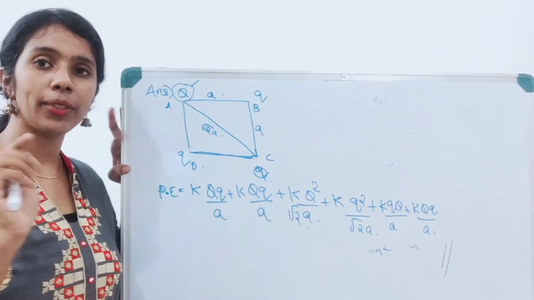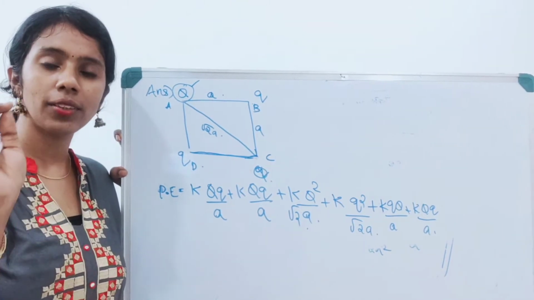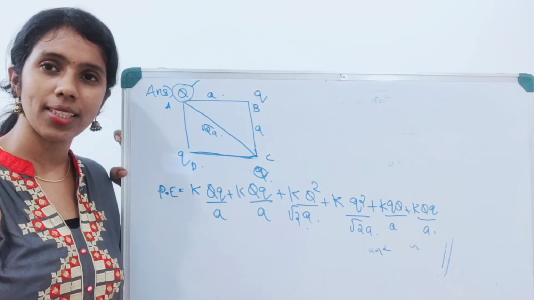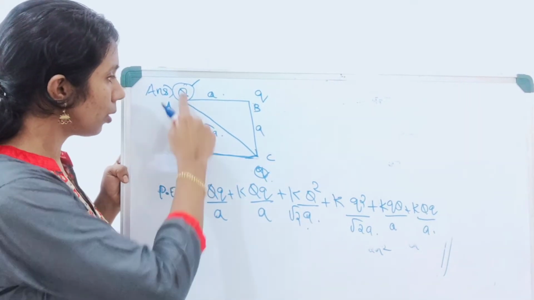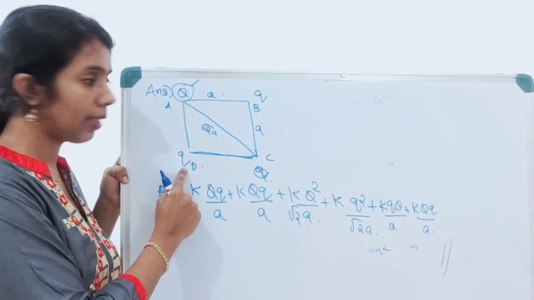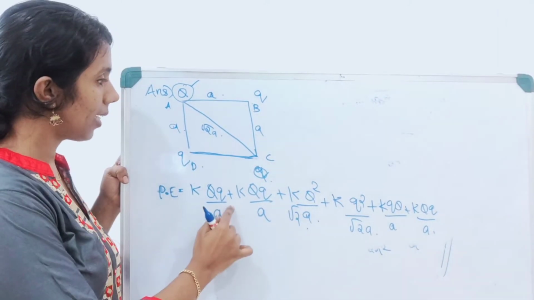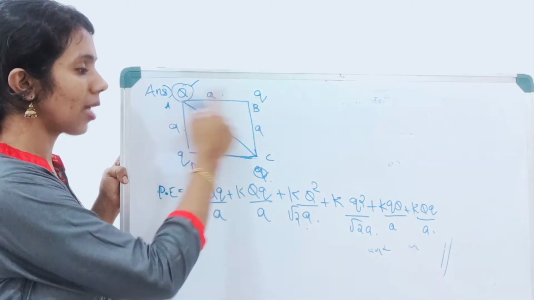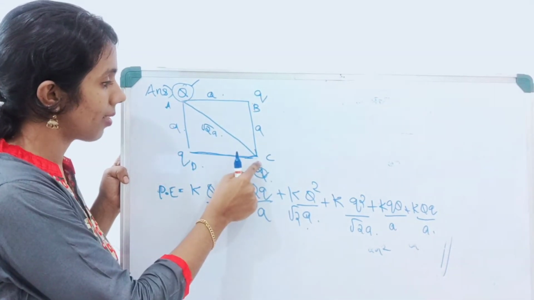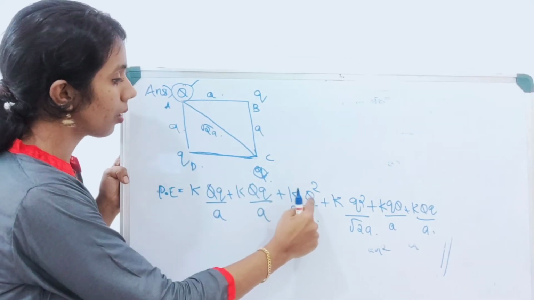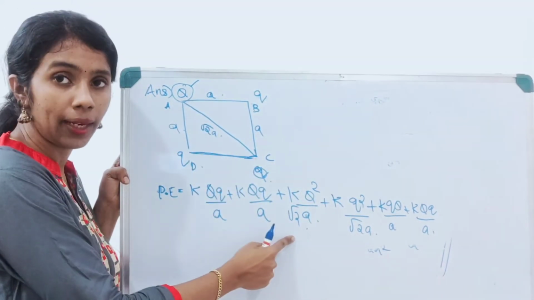The equation for potential energy is 1 by 4 pi epsilon 0 into the product of the magnitudes of the charges divided by the distance between the charges. So K into Qq divided by A, since this distance is A, plus K into these two charges, Qq divided by A, plus these two charges, that is KQ square divided by the distance between A and C, which is root 2A.